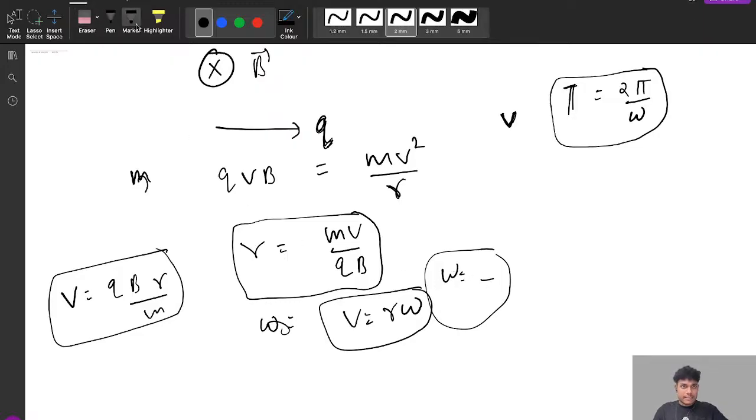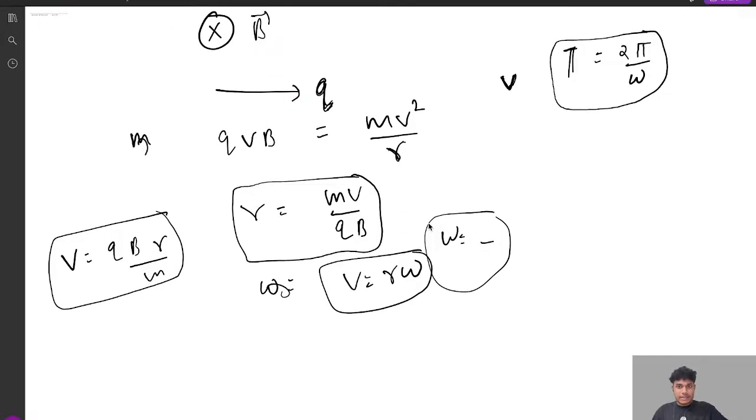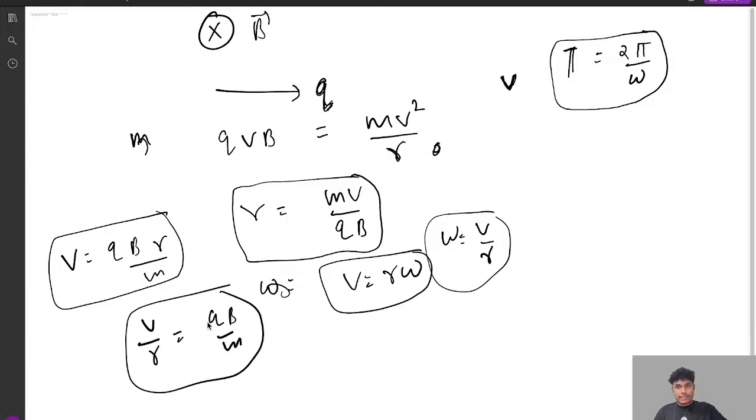Okay, let me write here. From here we get omega is equal to v upon r, and from here v upon r is equal to qB by m. Now put this value here, that is time period is equal to 2 pi by omega, that is qB by m, and m comes here.